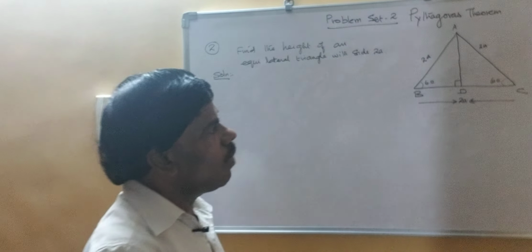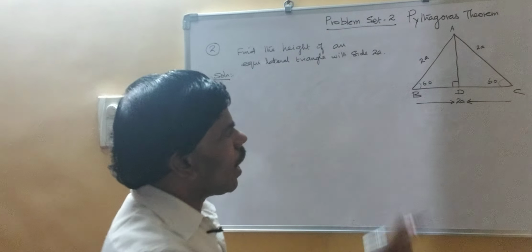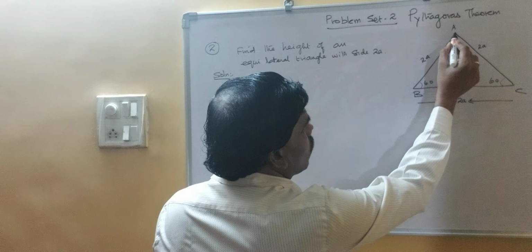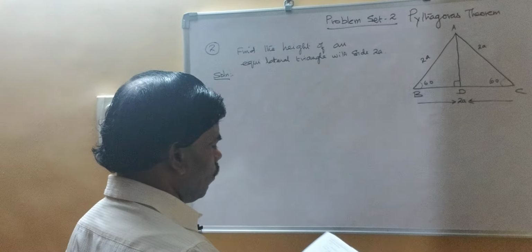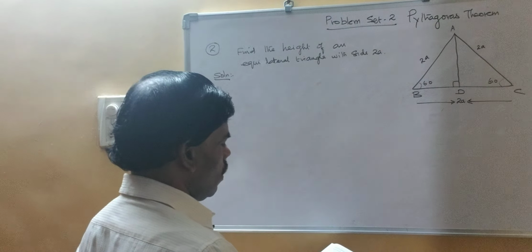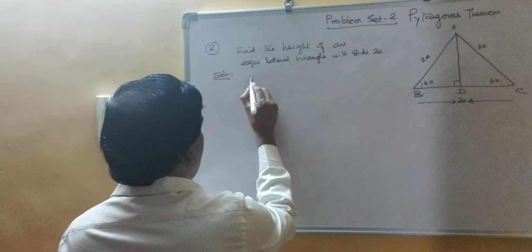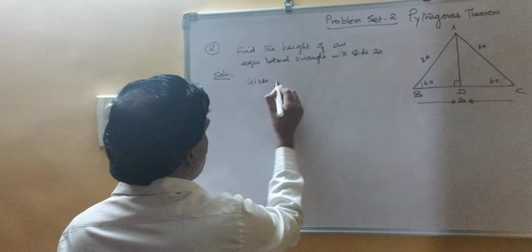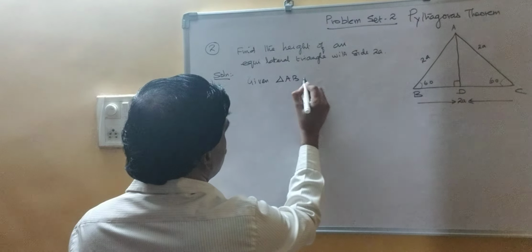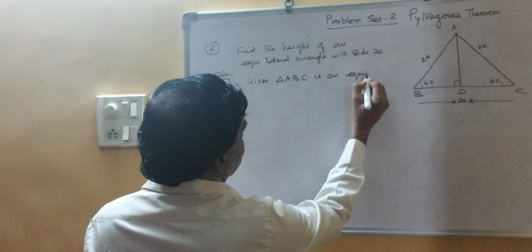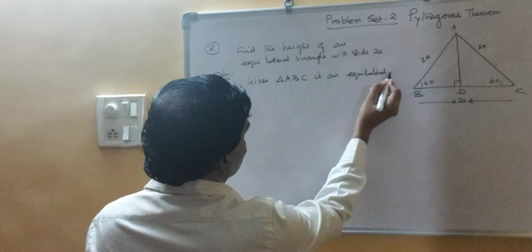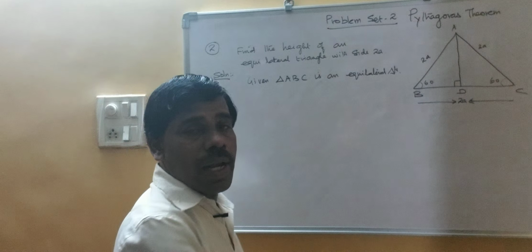Okay. Now, listen very carefully. Look at this. Now, we will see this triangle ABD or ADB. Given triangle ABC is an equilateral triangle, right?